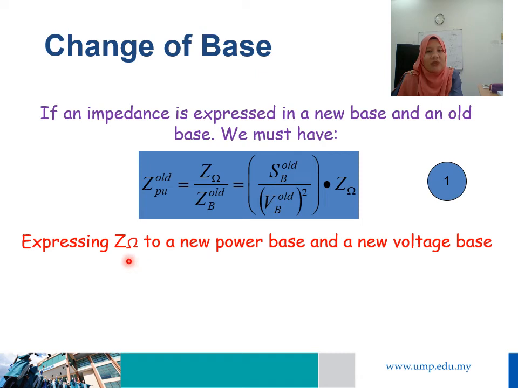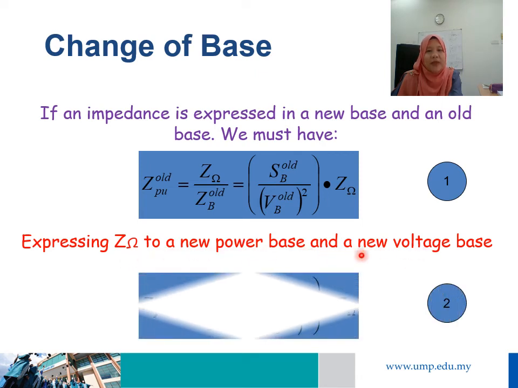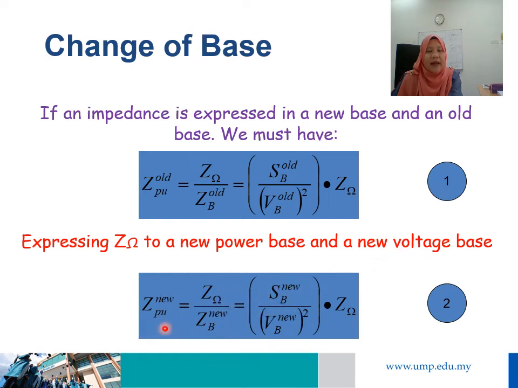Expressing the actual impedance in a new power base and a new voltage base, we get the new per unit impedance equal to the actual impedance divided by the new base impedance, which is also equal to the new base power divided by the new base voltage squared multiplied with the actual impedance.